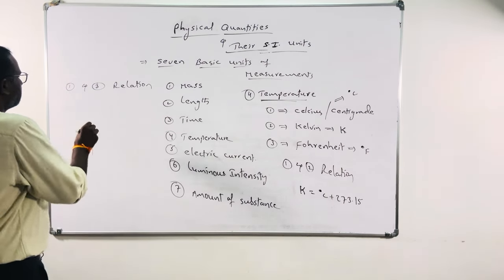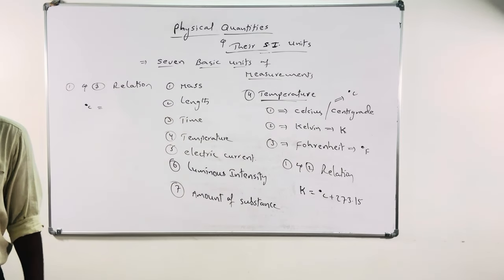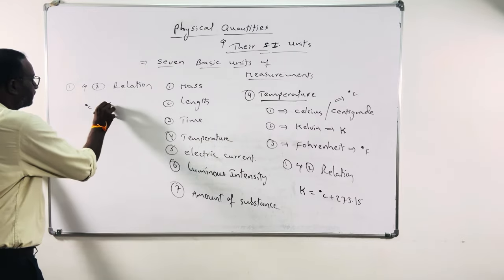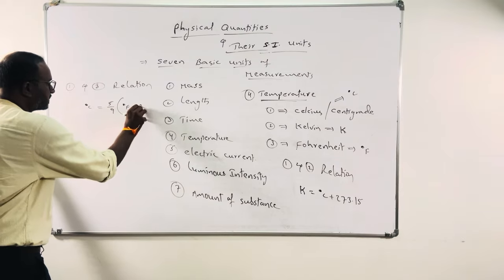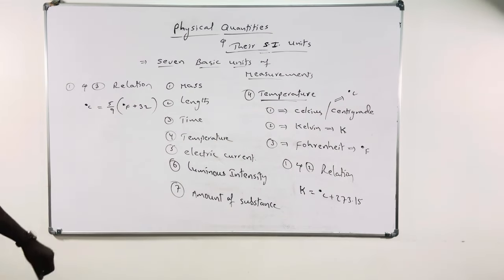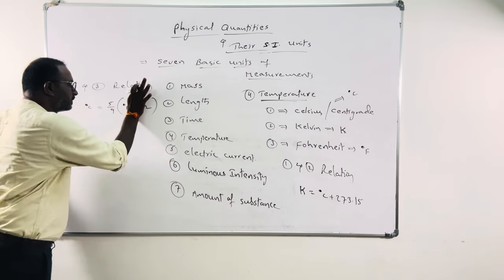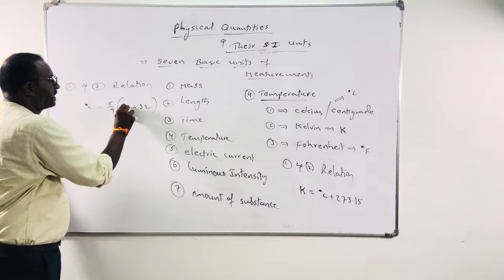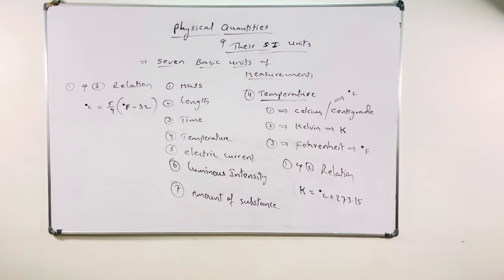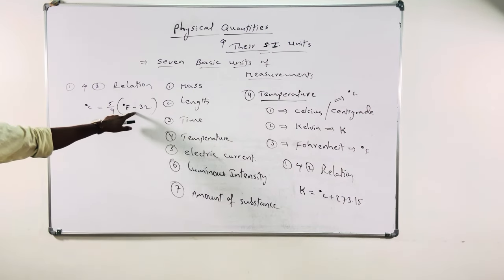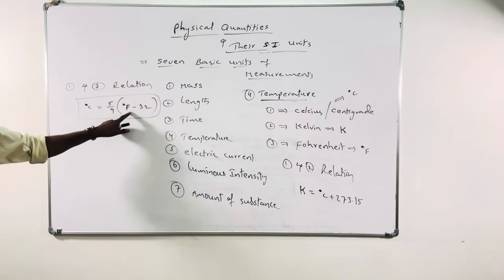Degree centigrade equals 5 by 9 into degree Fahrenheit minus 32. This is the formula you have to use to convert Fahrenheit into centigrade.